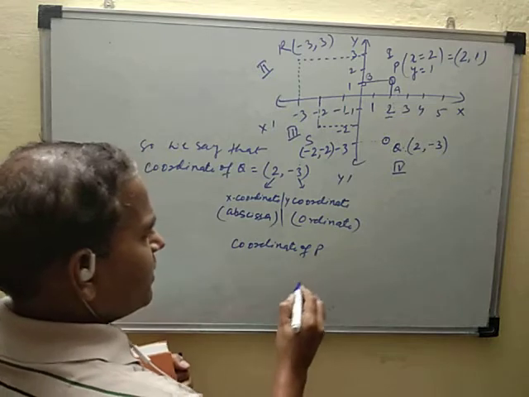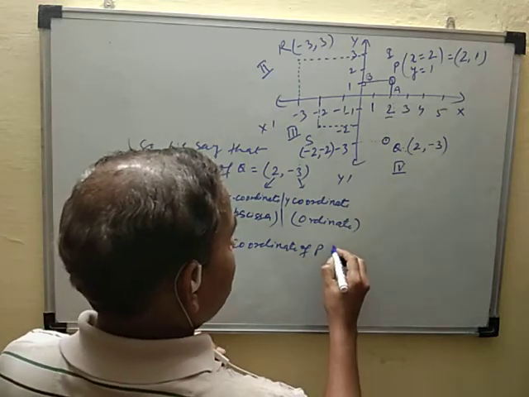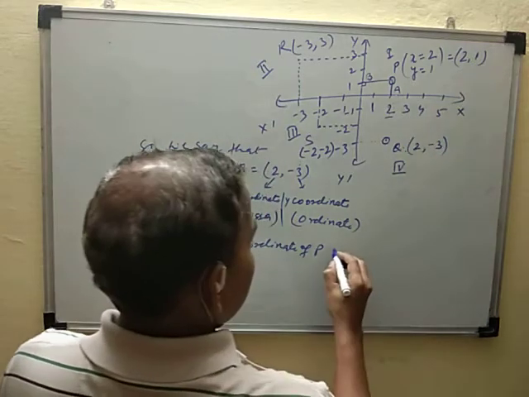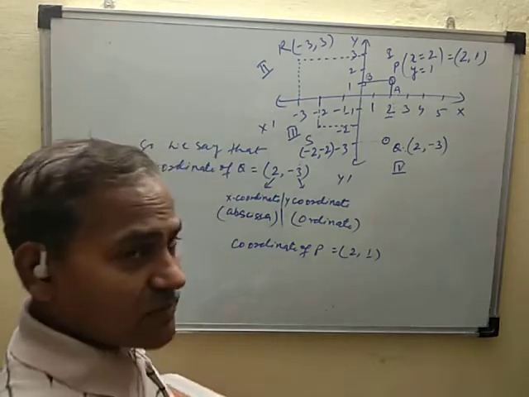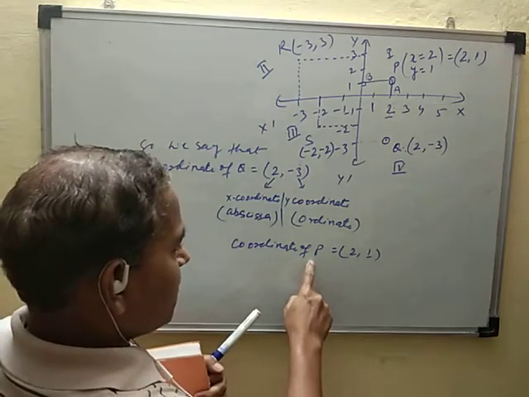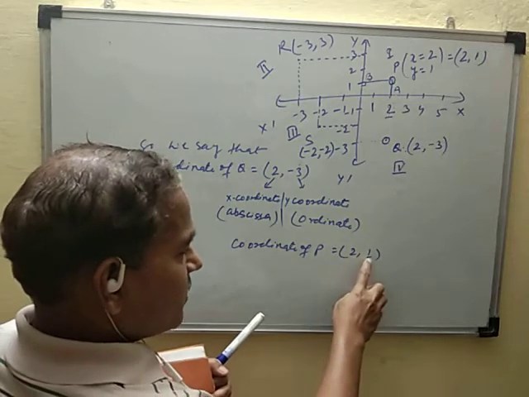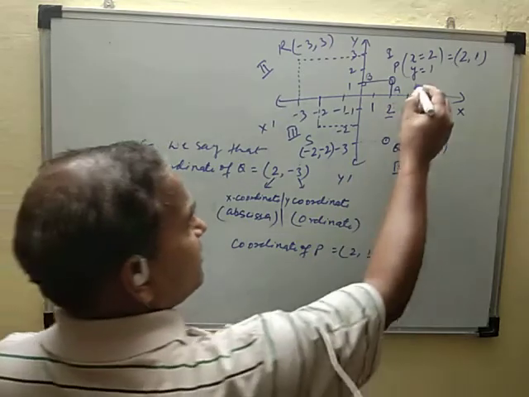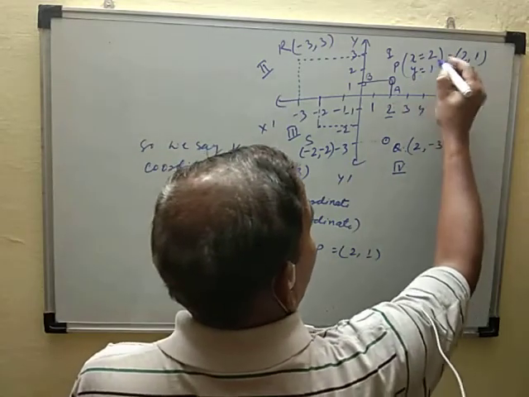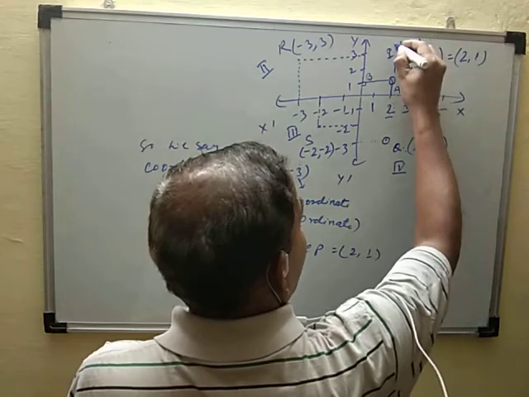The coordinate of P in the first quadrant is (2, 1), and both are positive. So in the first quadrant, the x value is positive and the y value is also positive.